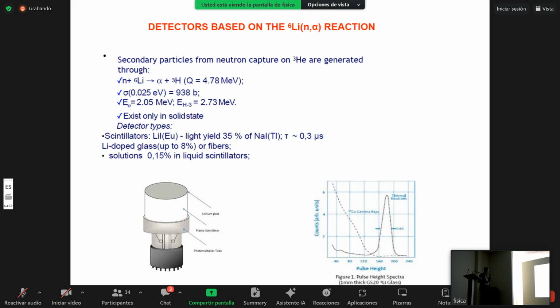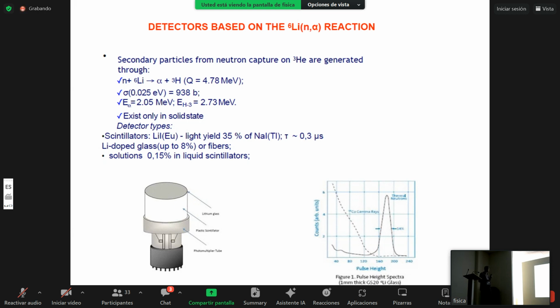In this case, you can get some sort of scintillators, for example lithium iodide doped with europium, which has a pretty high light yield compared to sodium iodide. Sometimes glasses are instead doped with lithium, and this also allows you to detect neutrons.